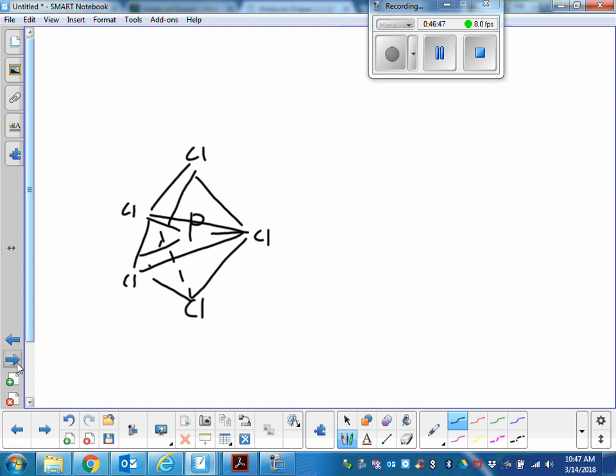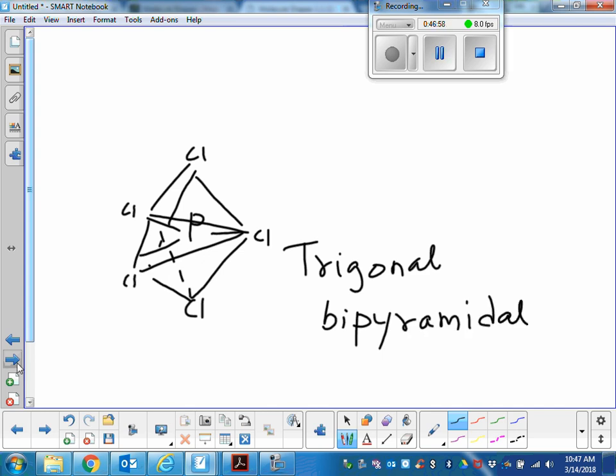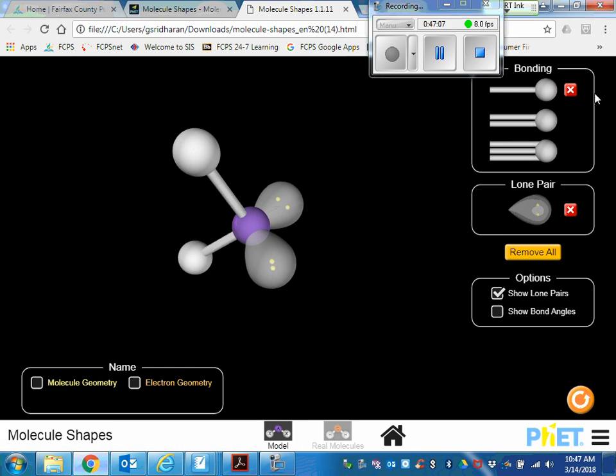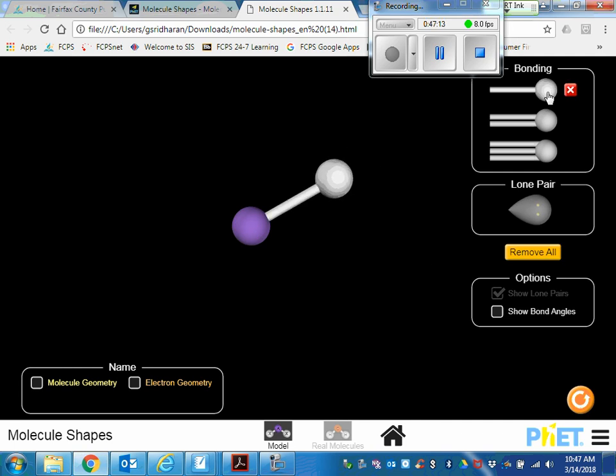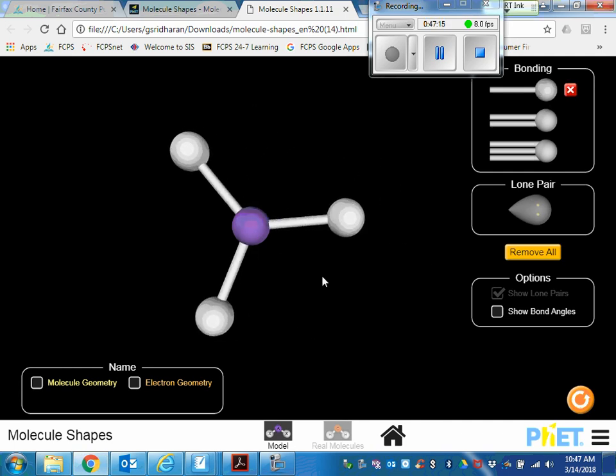So the shape is called trigonal bipyramidal. There are 2 pyramids. Let me show you what this looks like, and then you can see for yourself. So let's remove all this. Okay? So 1, 2, 3.